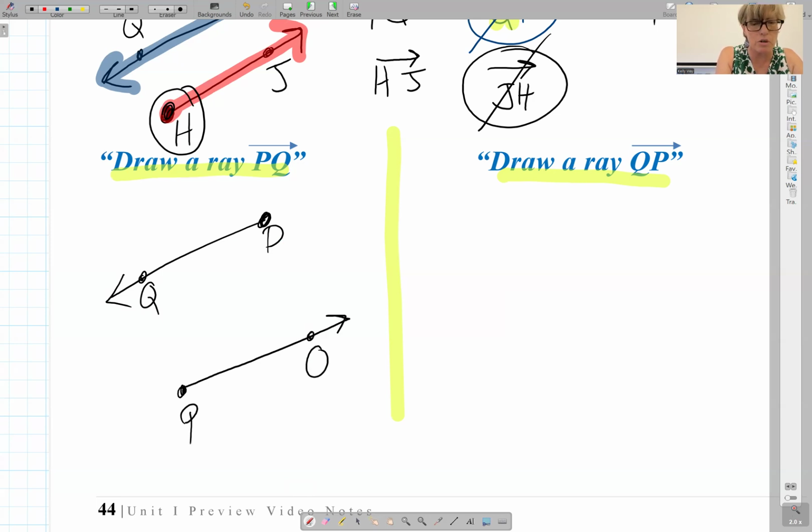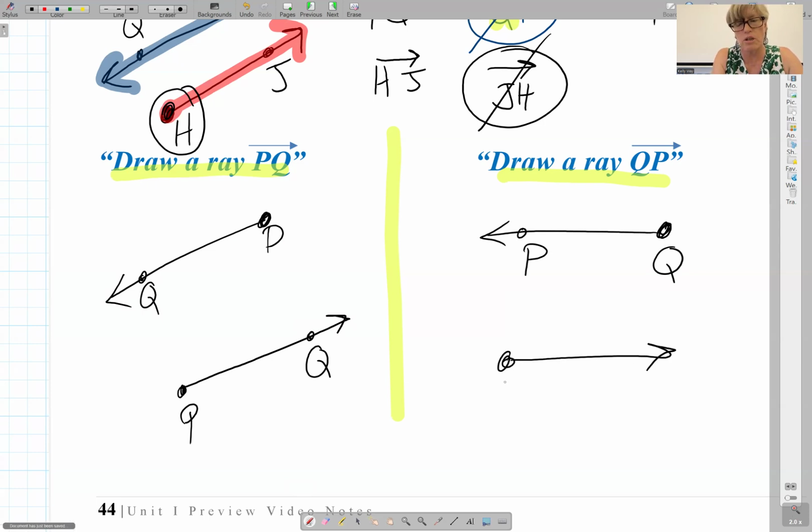Should have used different letters above, I gave that one away. But a QP ray, the endpoint is Q and the arrow point is P. So notice the difference in the order here. Order does matter for a ray. It doesn't on a segment or a line.